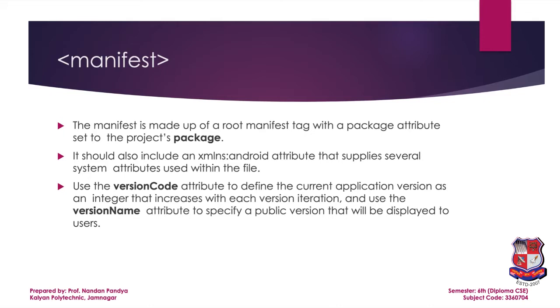We use the version code attribute to define the current application version in the form of an integer number that increments itself with each iteration of the version due to updation. Also, the version name attribute is used to specify a public version that will be displayed to the users.